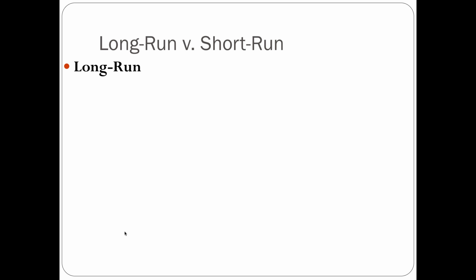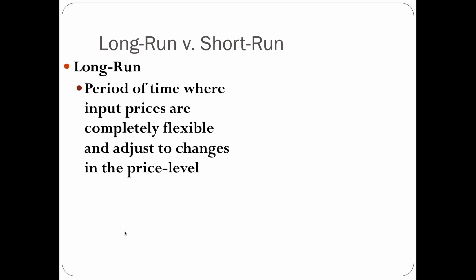So let's talk about the long run. This is a period of time where input prices are completely flexible and they will adjust to changes in the price level. So let's look at that word, input prices. What are some examples of inputs that businesses have? You have labor costs like wages. That is a major input cost, a major input price.